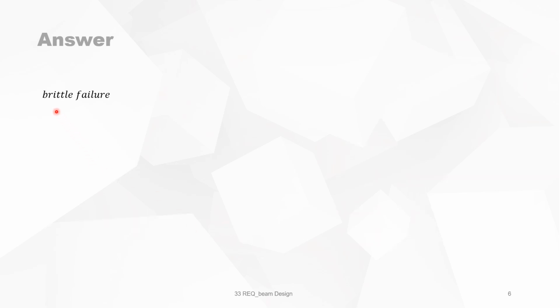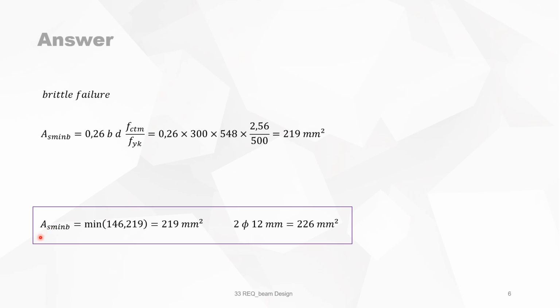Fill in the different parameters, and we have 146 square millimeters. Then we have also looked at the minimum reinforcement for brittle failure. It's given by this formula. All of those variables are now known, and when we calculate it, we find 219 square millimeters. So the minimum reinforcement is then the larger of the one needed for crack control and the one needed for brittle failure.